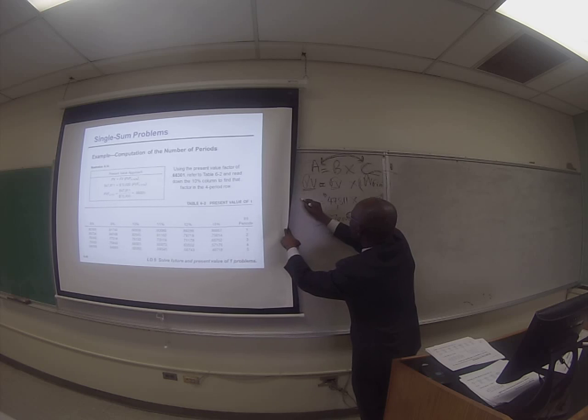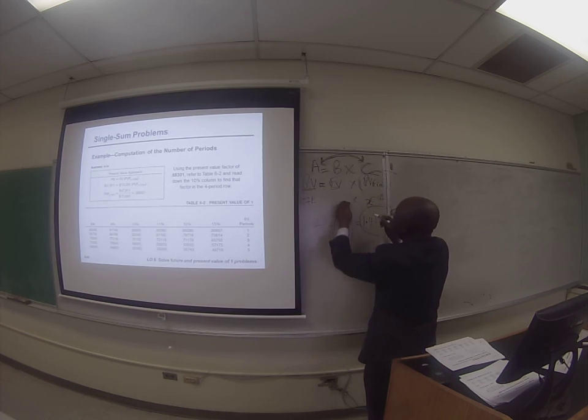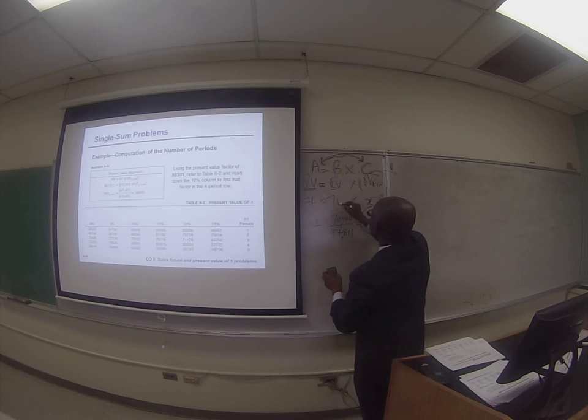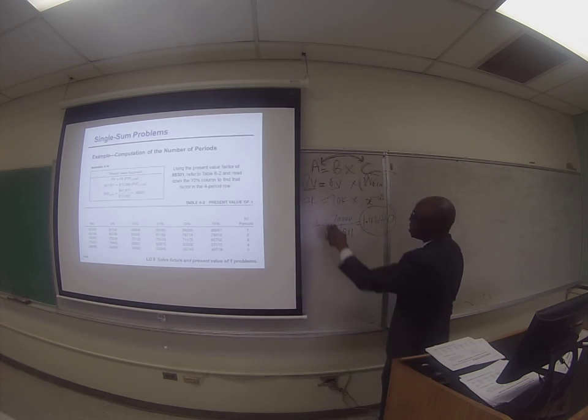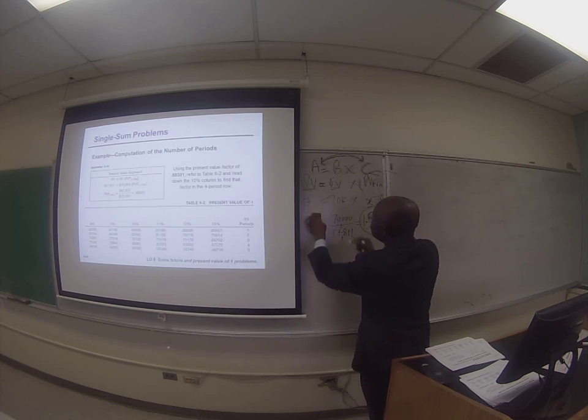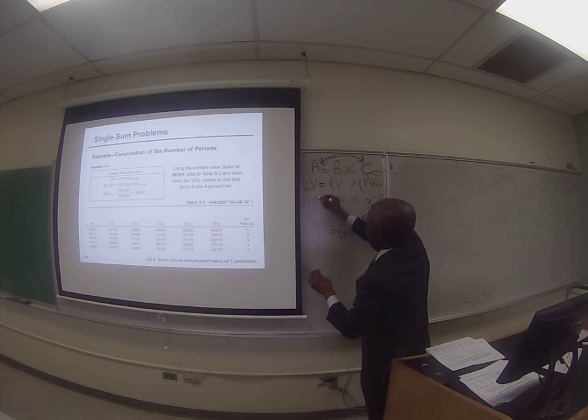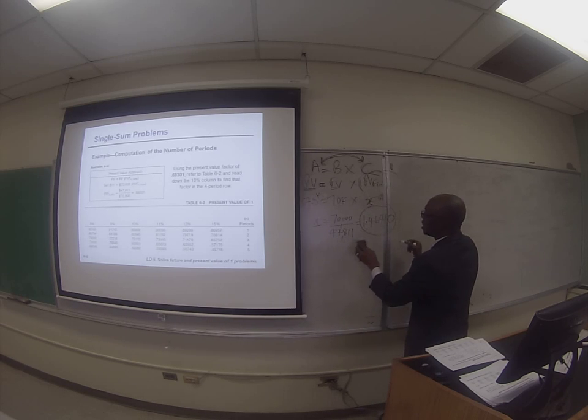Then present value is now 47,000, and then future value is 70,000. Not exactly 47,000, but 47.8 thousand. So guess what?